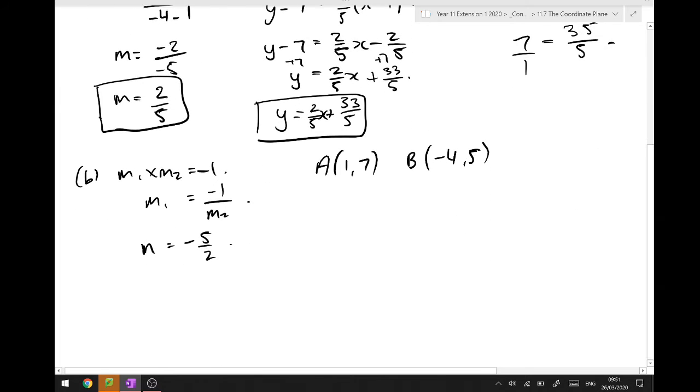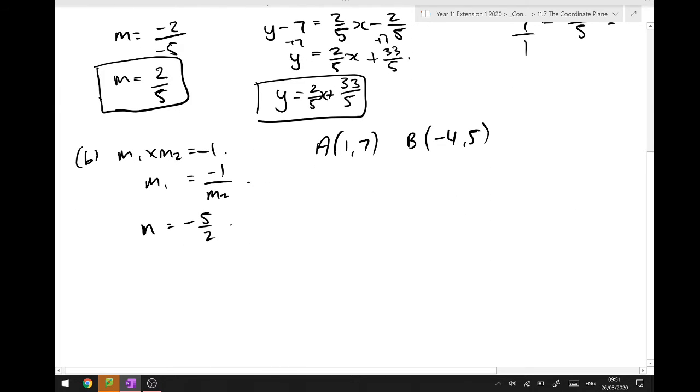Yeah. Okay. So to find the perpendicular bisector, we need to find the halfway point between A and B and then use our perpendicular gradient to work out what our point is. So our midpoint of A and B is x2 plus x1 over 2 and y2 plus y1 over 2.